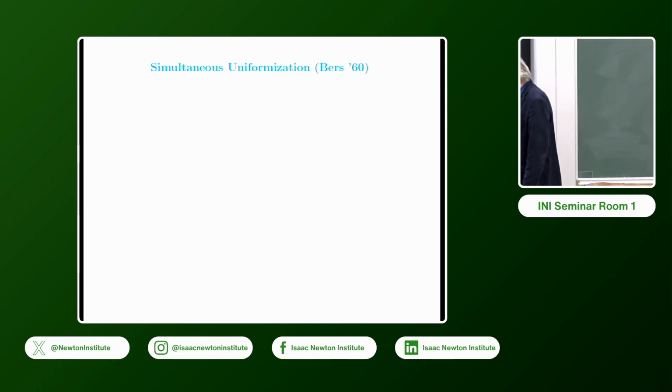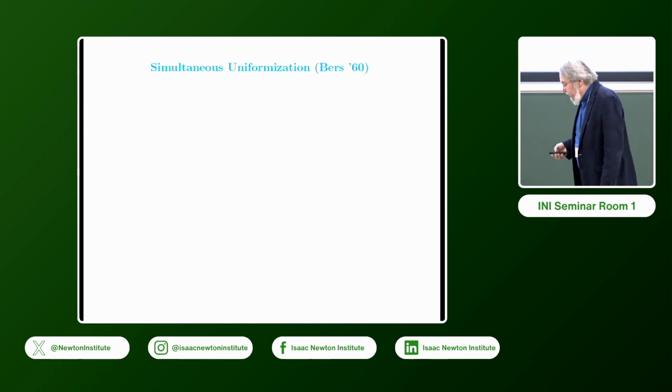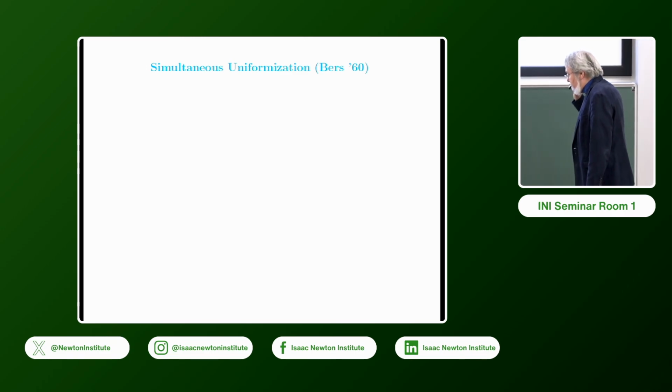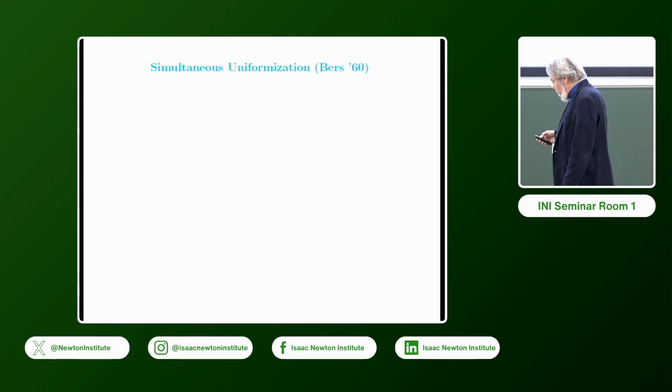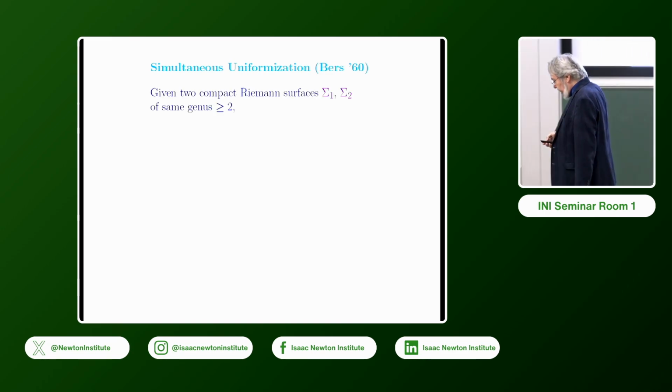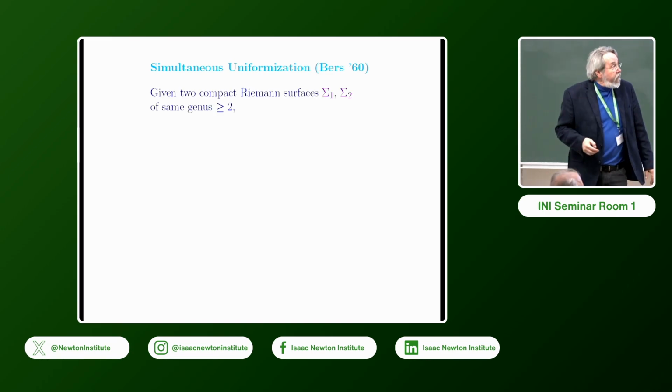Now the cool thing that takes over, that makes it possible to push the previous story much further, is the so-called simultaneous uniformization theorem of Bers from 1960. So using quasi-conformal mappings, he proved this amazing thing.